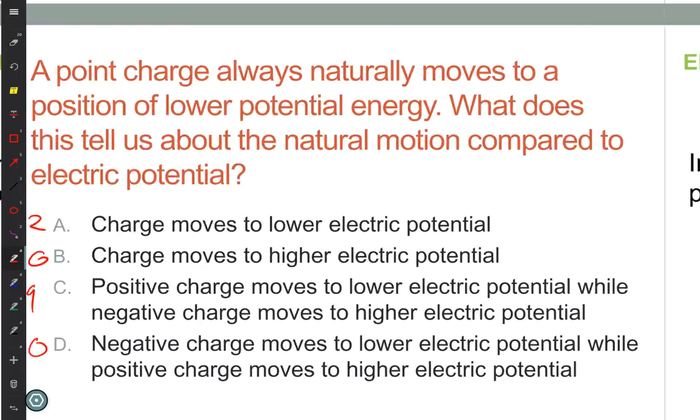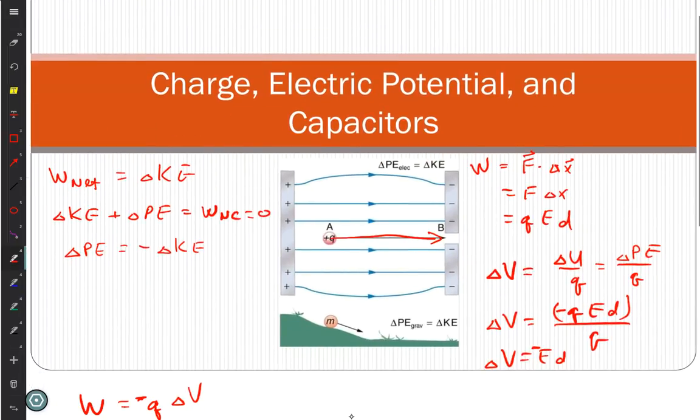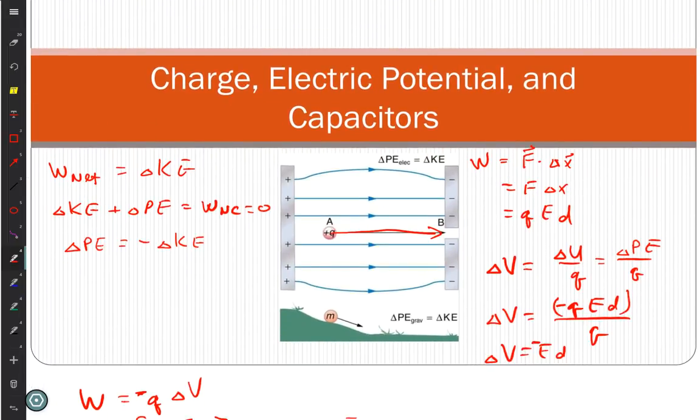So just going back here, we had the change in potential energy is minus the change in kinetic energy, which is then going to be minus QED, or change in voltage is minus ED. Well, we don't have a distance, do we? Nope. So we have to think about this a little more.